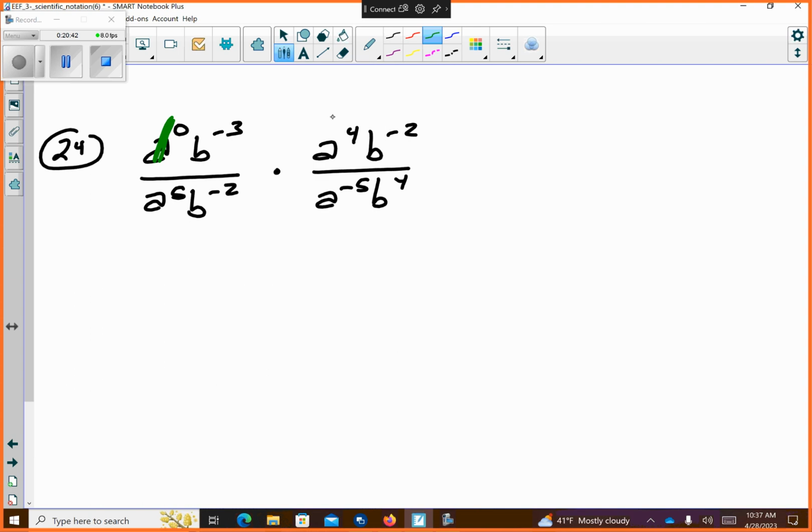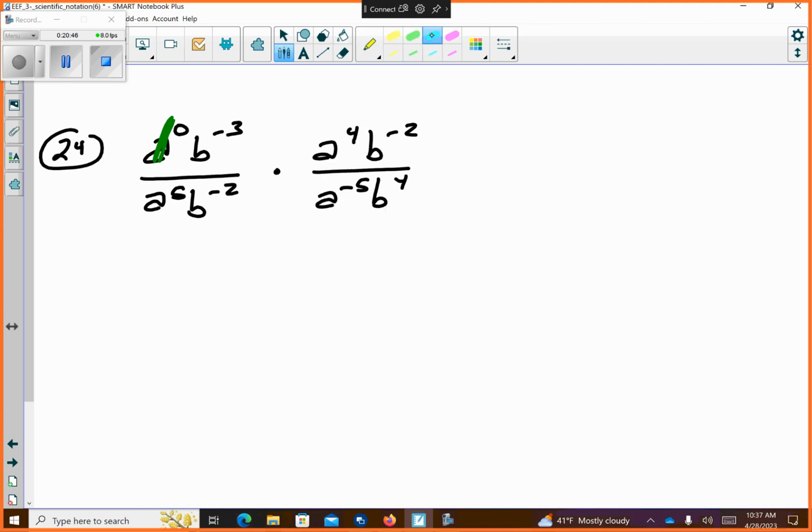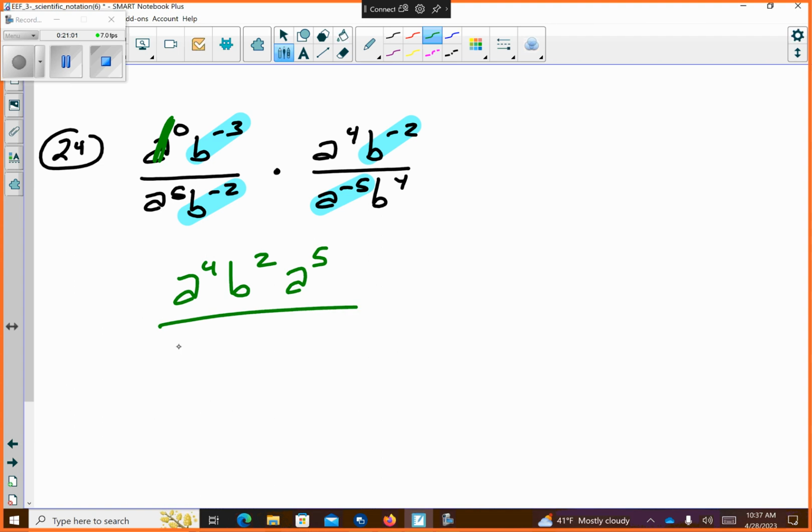Now let's highlight, not with a crayon. This is going to move, this is going to move, this is going to move, and this is going to move. So let's rewrite it with things that have moved. So far I have A to the 4th on top. I'm joined with B to the 2nd and A to the 5th. On bottom I have A to the 5th, B to the 4th, B to the 3rd moves down, B to the 2nd moves down.